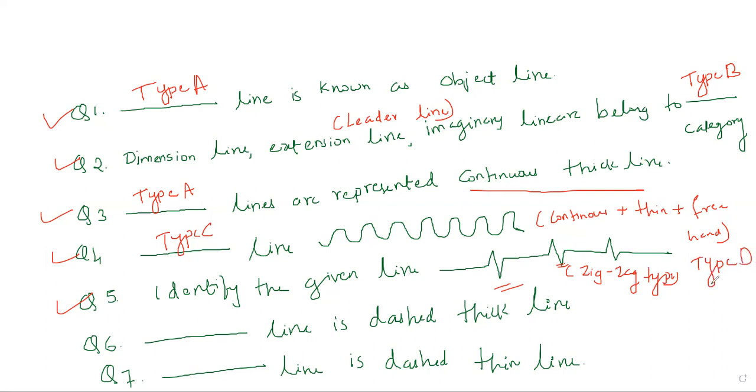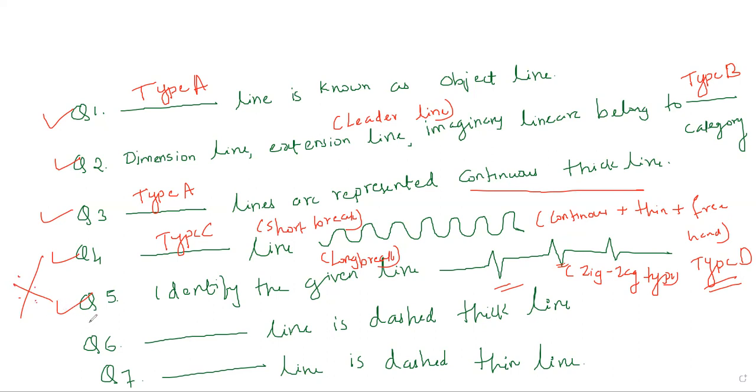Type D question will be like this. Type D shows a long break, whereas type C shows a short break. You have to note this separately. Very, very important. I am ensuring that you can expect similar kinds of questions in the examination.